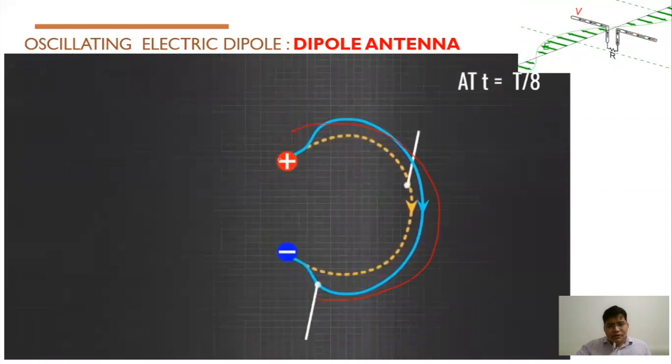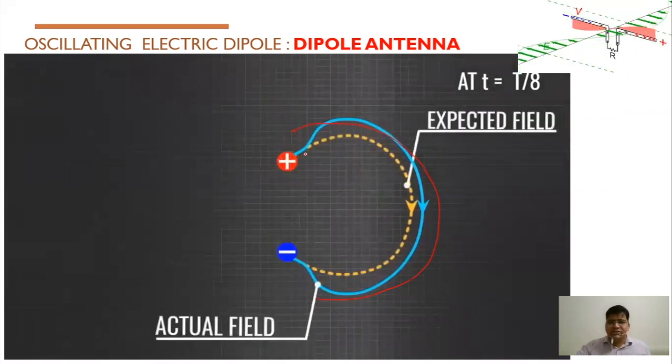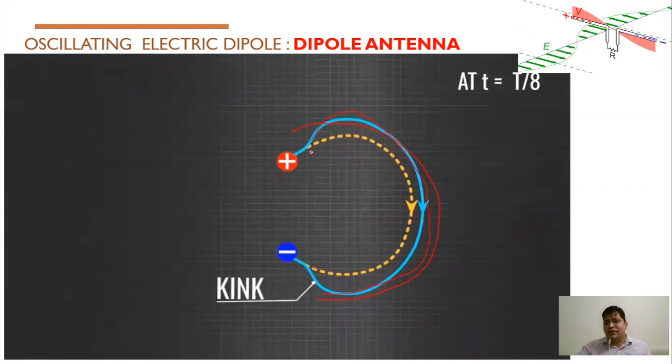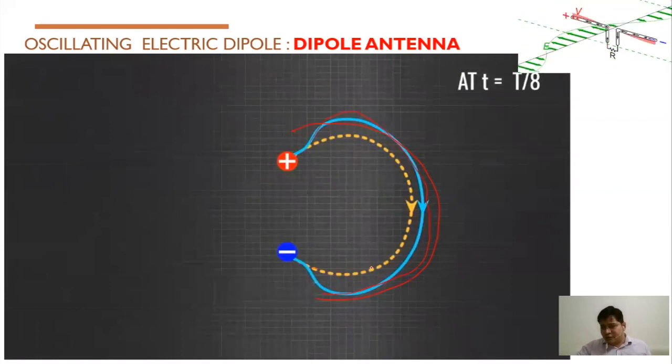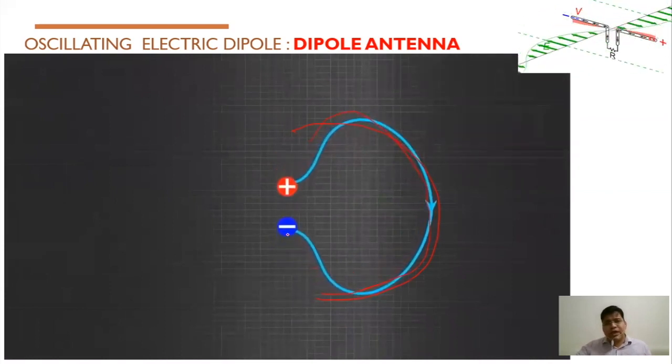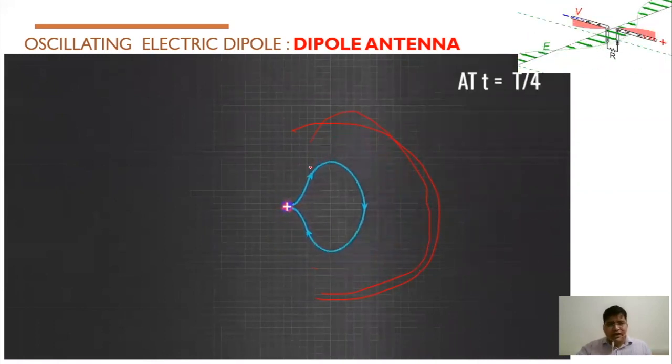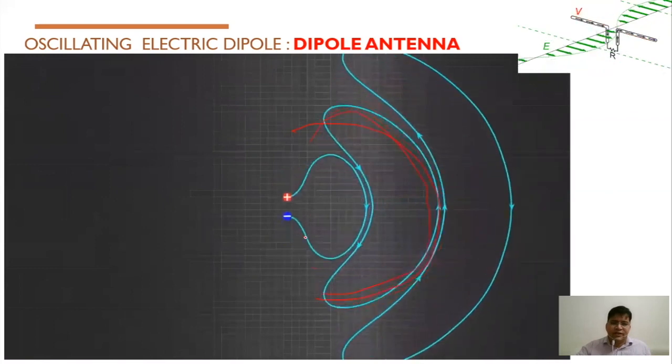But due to the acceleration and deceleration in the velocity, this is the realized field, and this would be the expected field. Ideally this field line should be there, but due to the acceleration and deceleration in the velocity, the realized field line is there. So there is a difference.